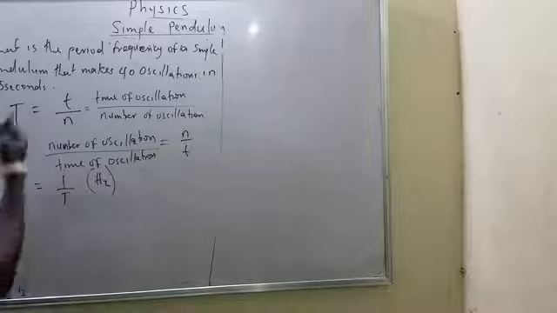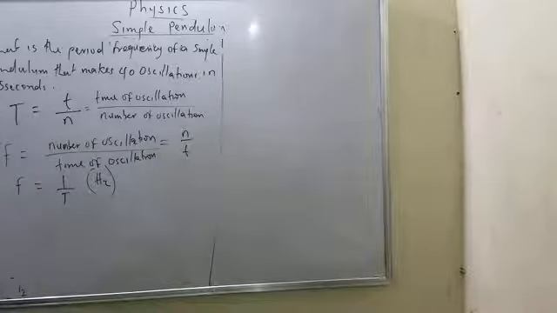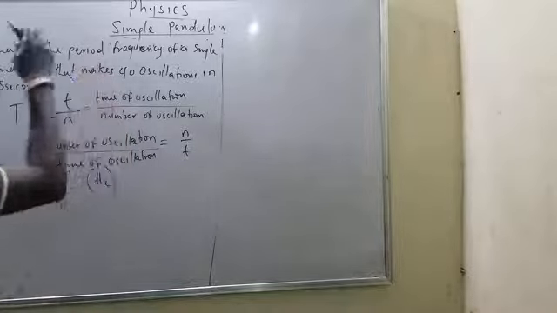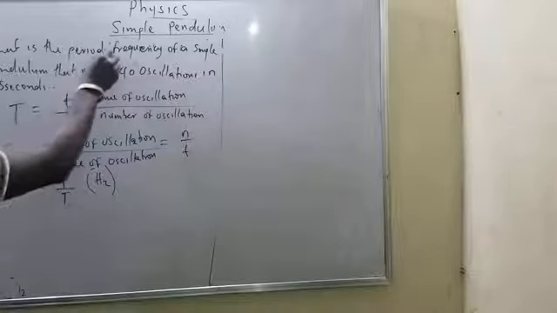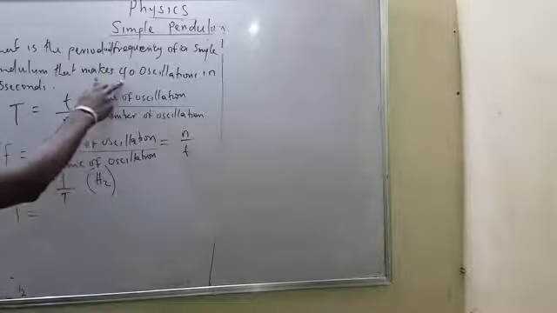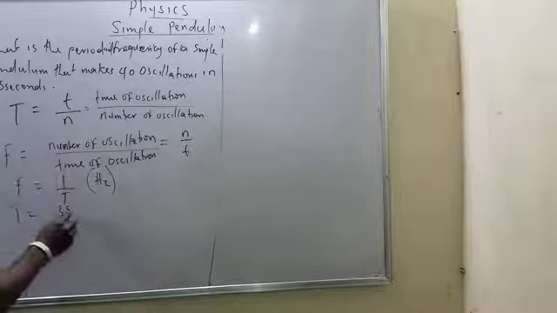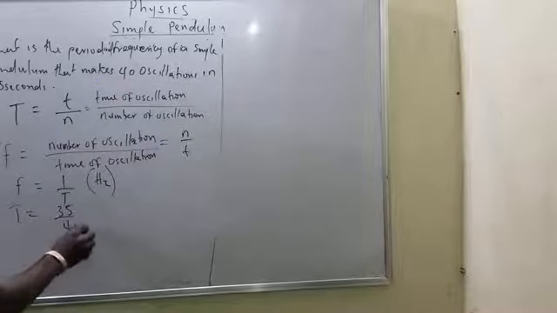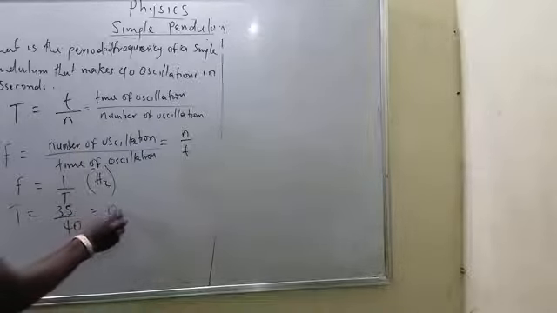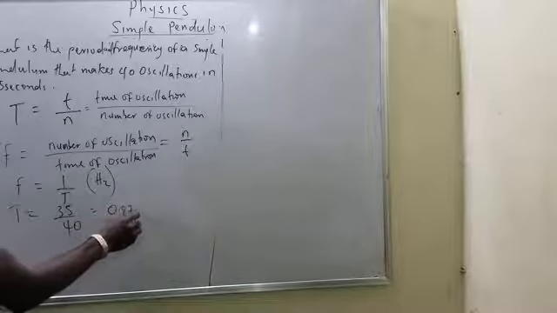Now I have this question to solve. What is the period and frequency? My period will be equal to 35 over 40, which is 0.87 seconds.